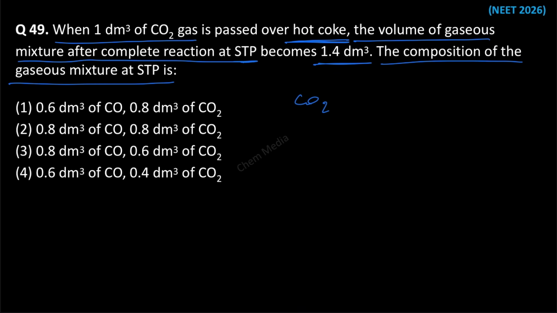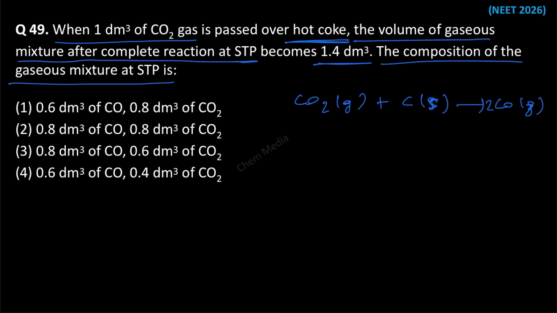Now we have CO2 gas that is reacting with pure carbon, which is called hot coke, which is a solid, and then we are getting CO gas. In order to balance the equation, we have to multiply carbon monoxide by 2 because we have 2 carbon atoms and 2 oxygen atoms on the reactant side.